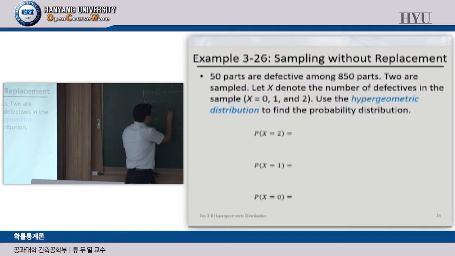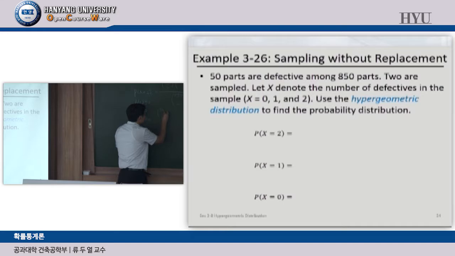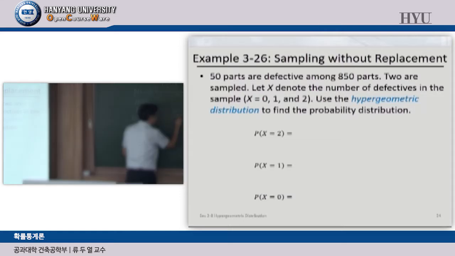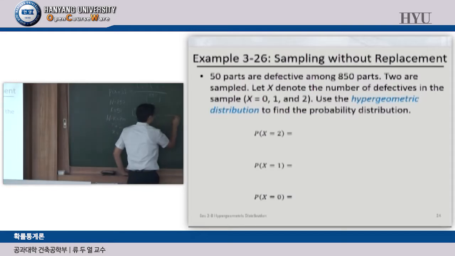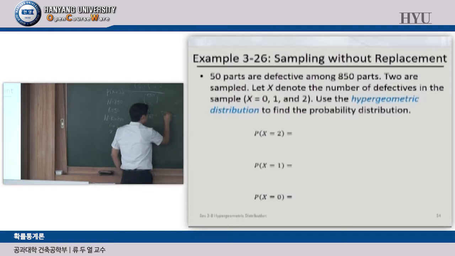So 50 choose 2 equals 50 factorial over 2 factorial multiplied by 48 factorial. That can be 50 times 49 times 48 factorial over 2 times 1 times 48 factorial.